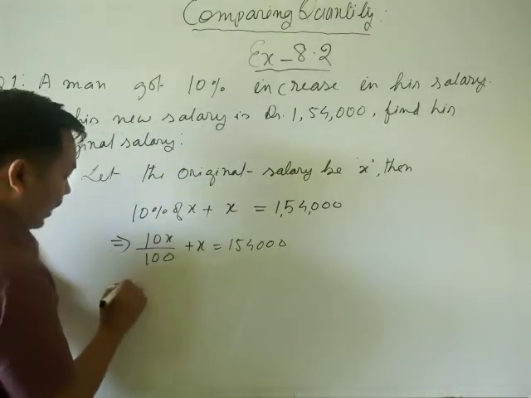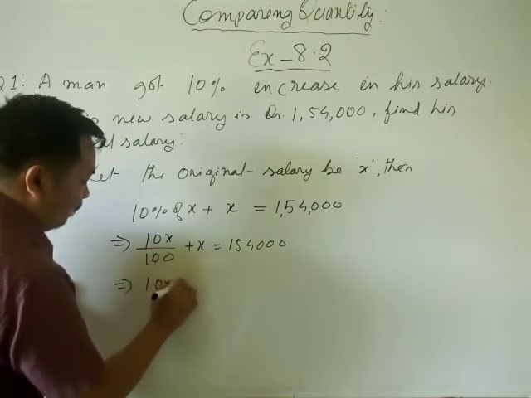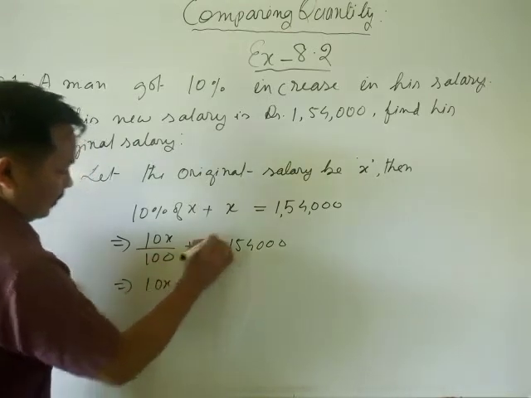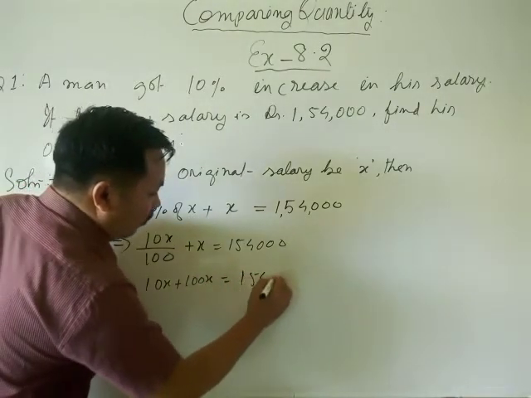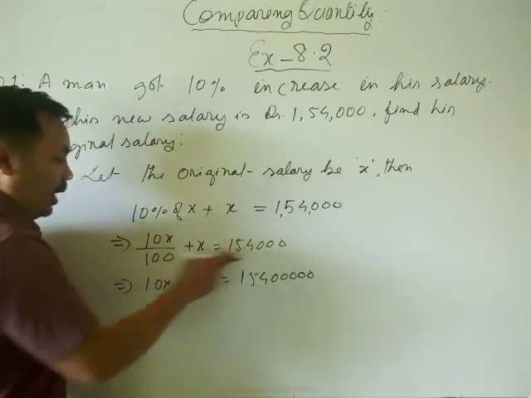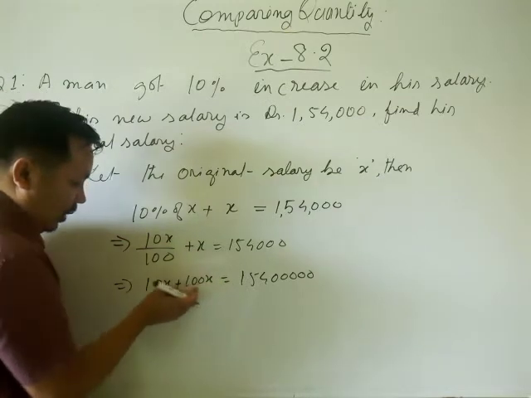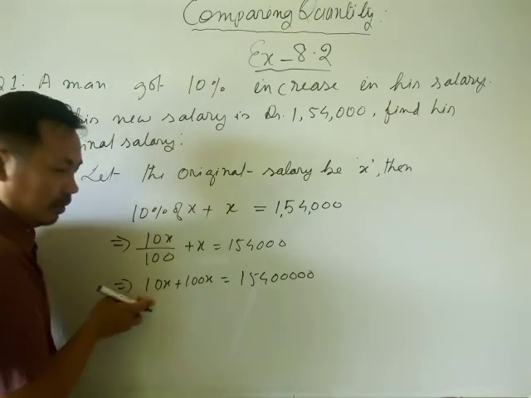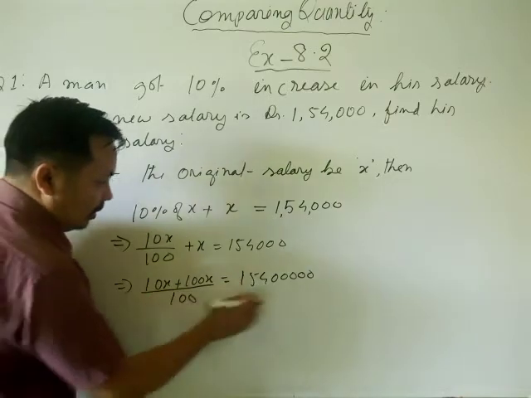Then we'll have 10x plus 100x, with two more zeros because this value and this 10 will be multiplied.